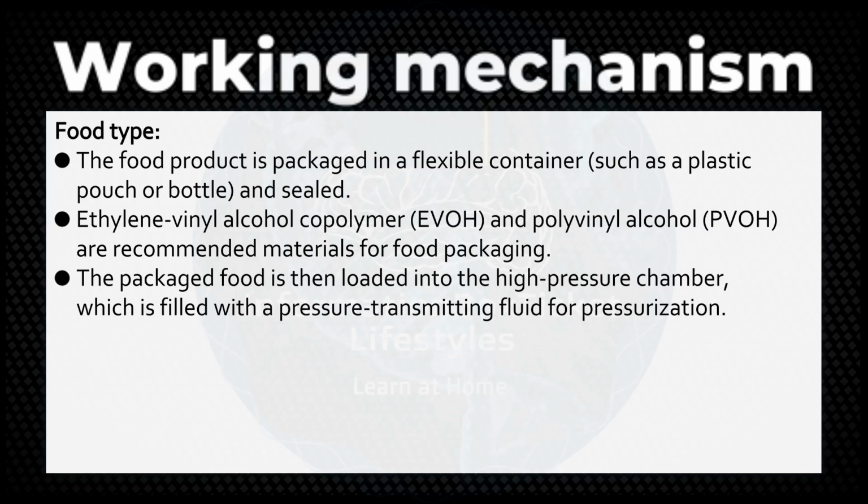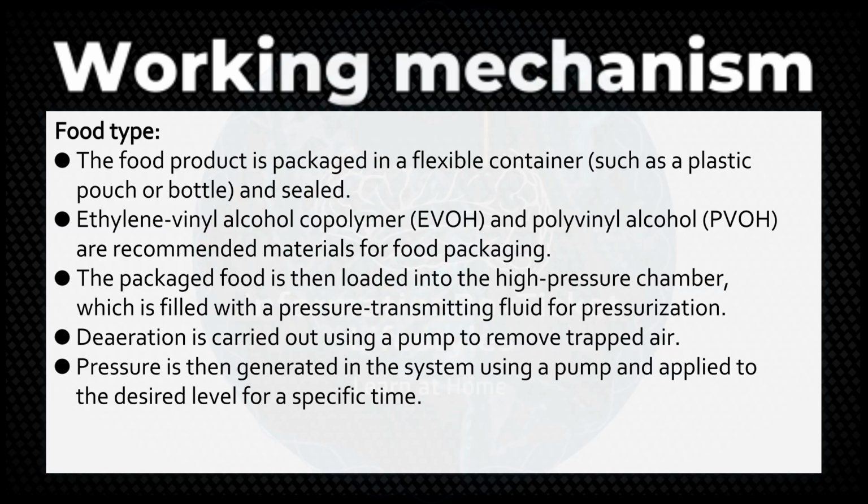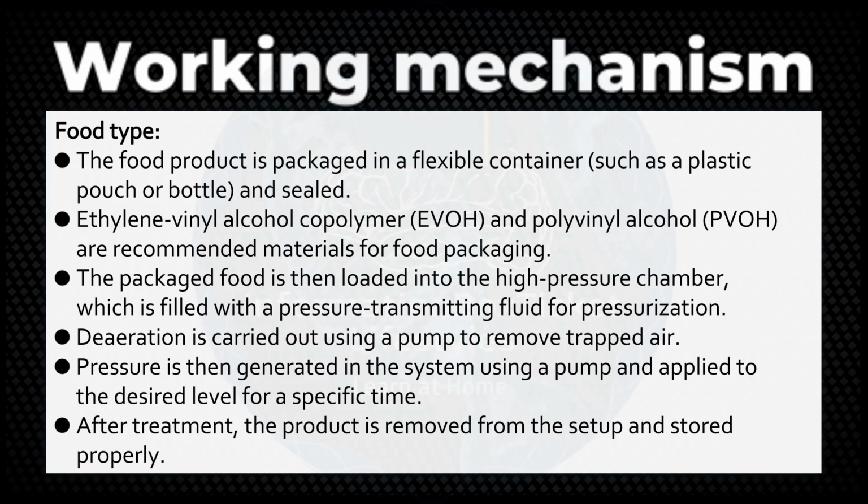The packaged food is then loaded into the high-pressure chamber, which is filled with a pressure-transmitting fluid for pressurization. Deaeration is carried out using a pump to remove trapped air. Pressure is then generated in the system using a pump and applied to the desired level for a specific time. After treatment, the product is removed from the setup and stored properly.